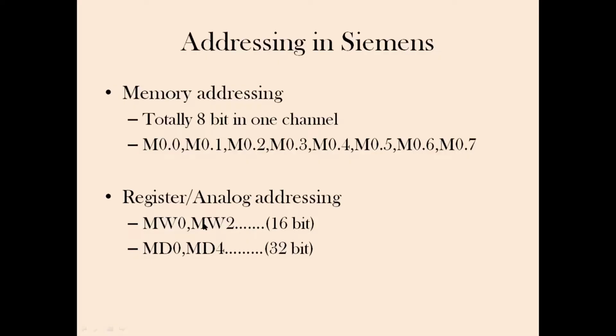Now a 32-bit input, that may be output also. For that we are going to use MD0. The next 32-bit will be MD4. That means MD0, 1, 2, 3. So 4 channels will take the 32 bits. 4 eights are 32. That's the concept.